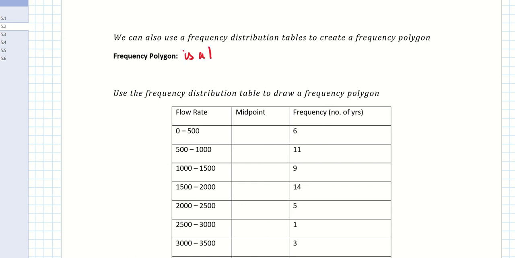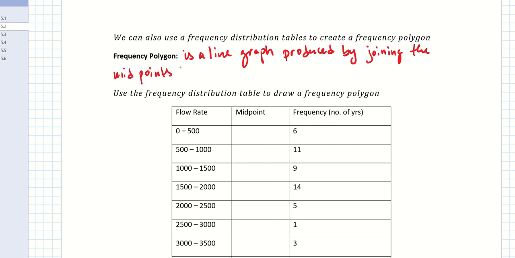So it is a line graph produced by joining the midpoints of the intervals using straight lines.